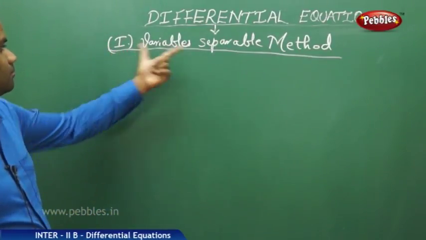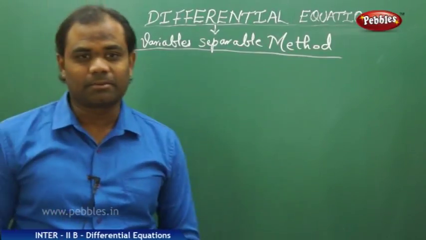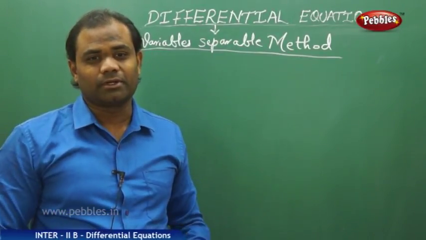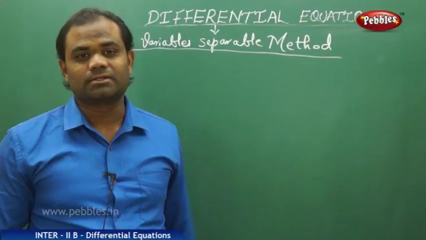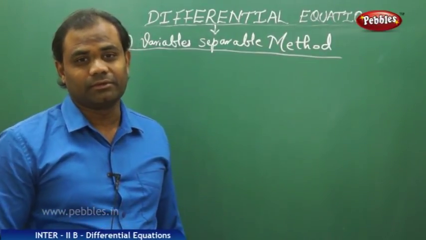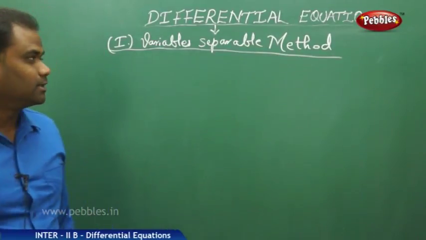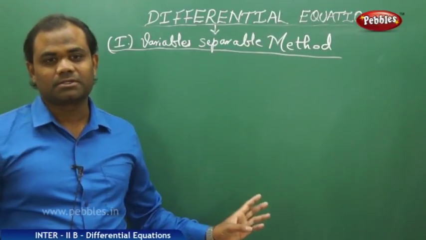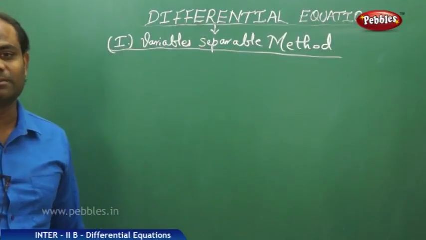As the heading itself says, variable separable method, it is very important we separate the two variables x and y in the first order first degree differential equation. So the method is about separating the variables and then solving respectively.